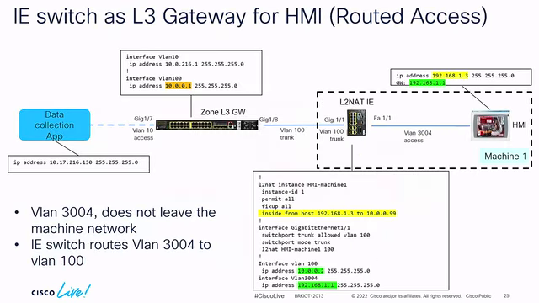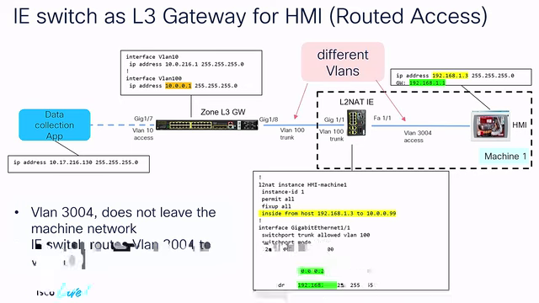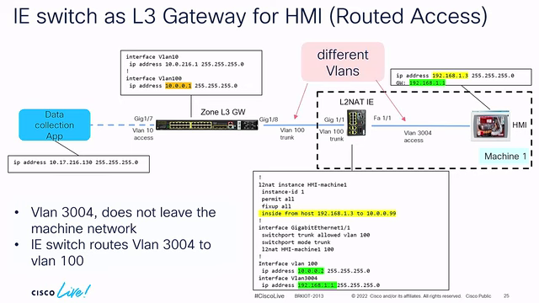So we changed the configuration to look a little like this, with a slight configuration change. One thing to note, we are doing different VLANs here, as stated earlier. The other thing we're going to do differently from the previous example is that the layer 2 NAT IE switch is going to route. So now it's the gateway for 192.168.1.1.